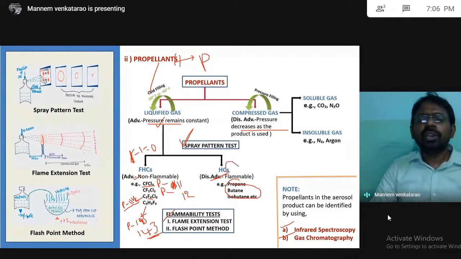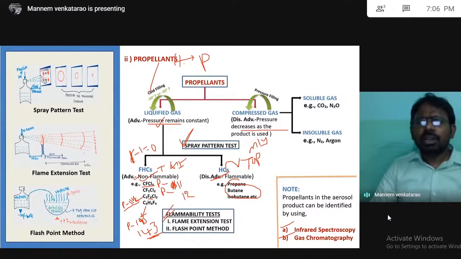It is used only in deodorants, for topical purposes only. Whereas fluorinated hydrocarbons are non-flammable, used for both topical and inhalation. Next, how could you know whether it is flammable or non-flammable? By performing the flammability test.